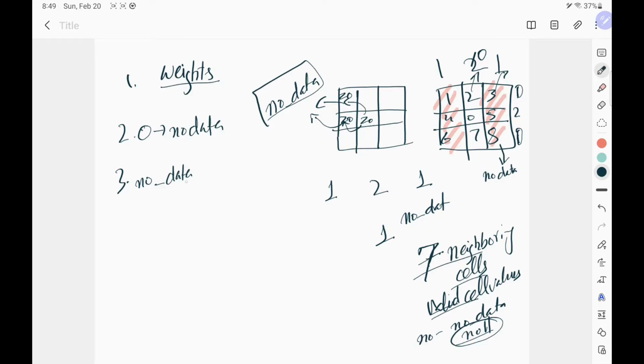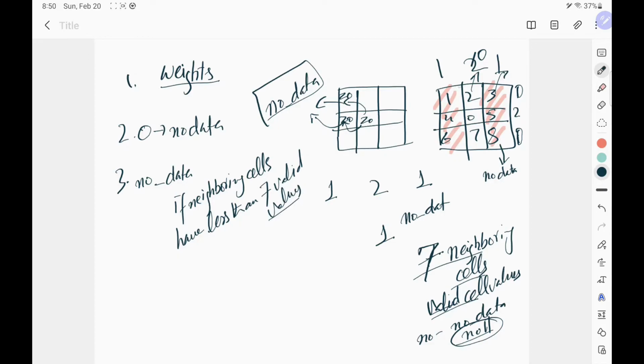The output will be no data if the neighboring cells have fewer than 7 valid values.